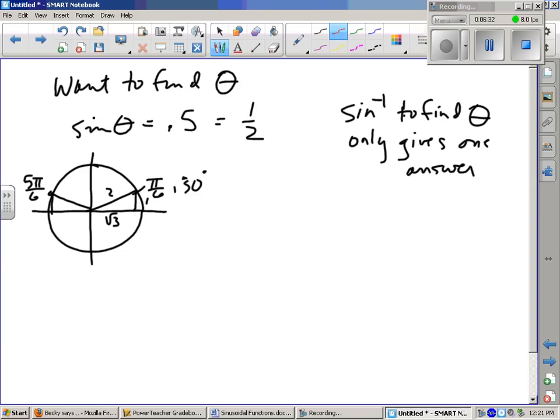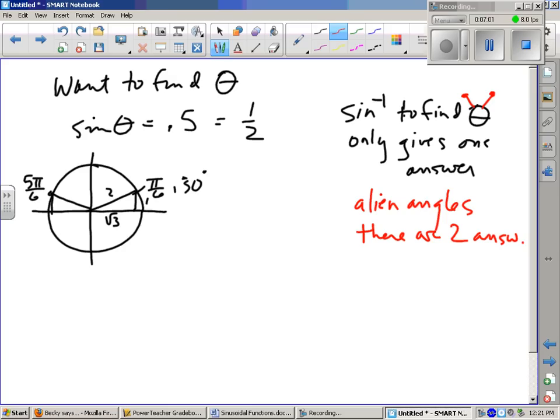So what I do is I make a little alien out of the theta symbol. When you want alien angles, there are always two answers. So the two antennas help you remember that there are two answers. Okay, so draw the alien angle. It helps you remember that there are two answers.